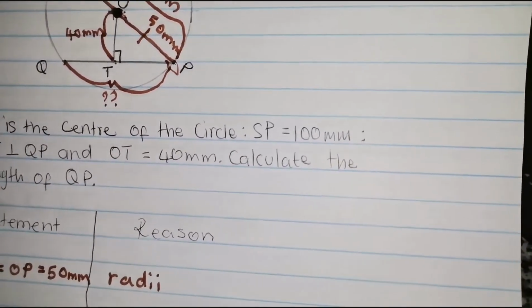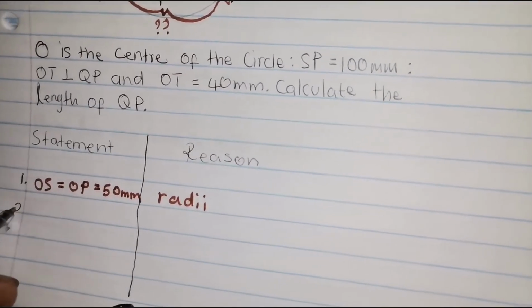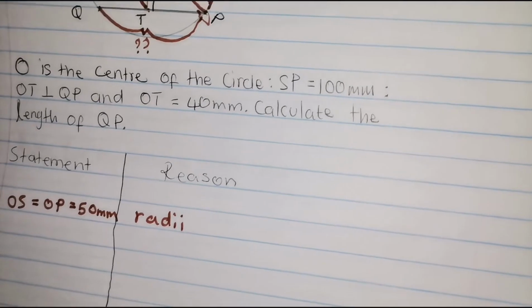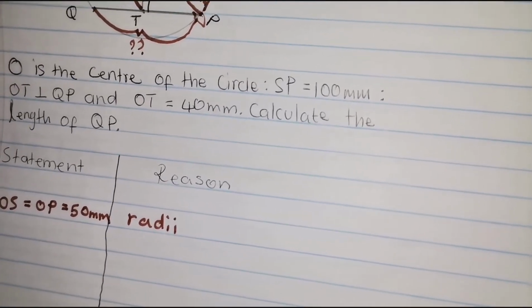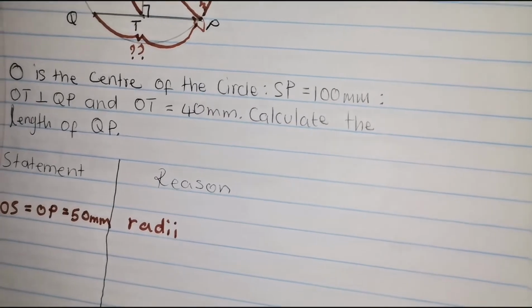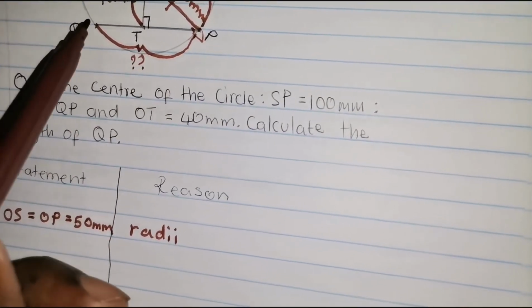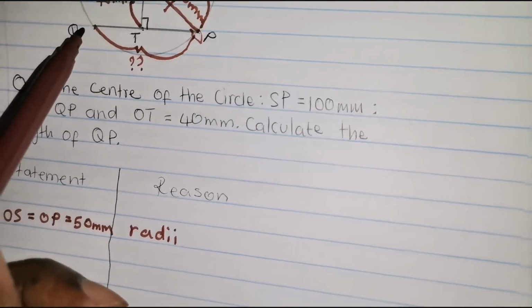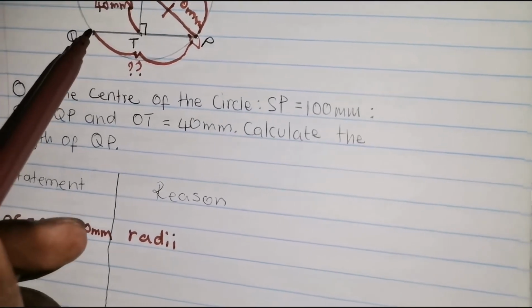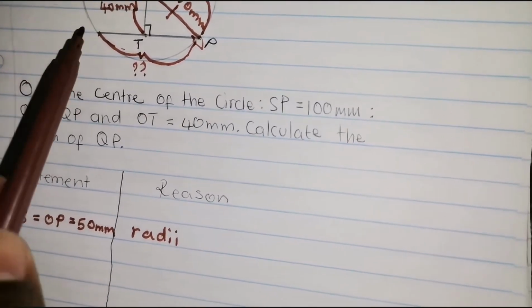Then now number 2. It's so simple. We want QP. Now how will I find QP? I can use Pythagoras if I have TP only. But now they want me to find the value of QP. This is the question, the value of QP.